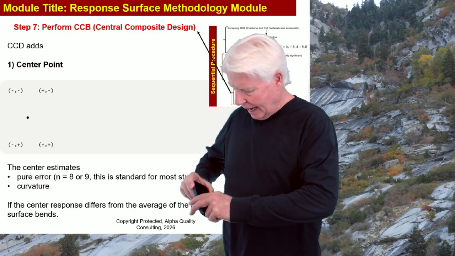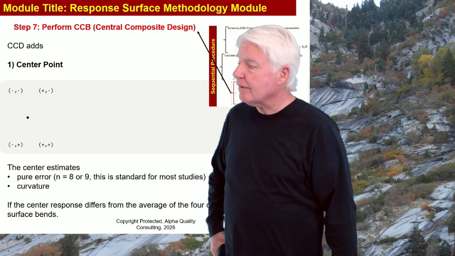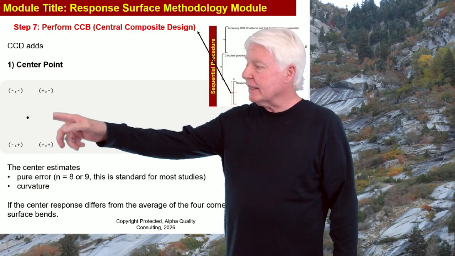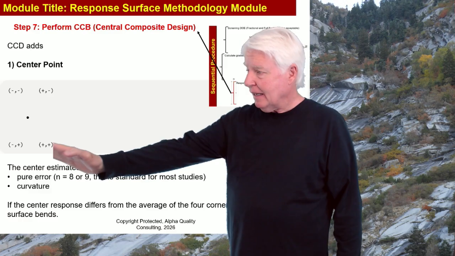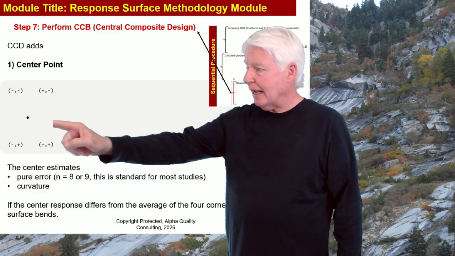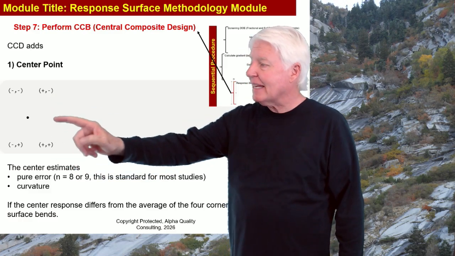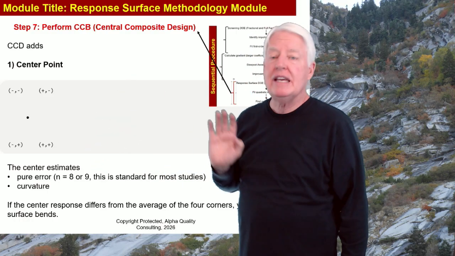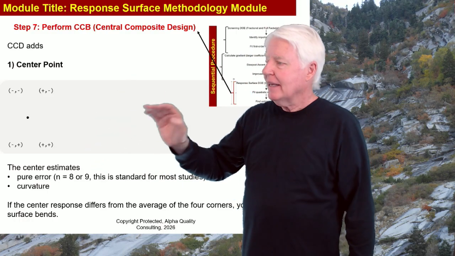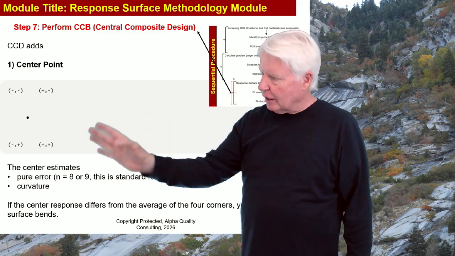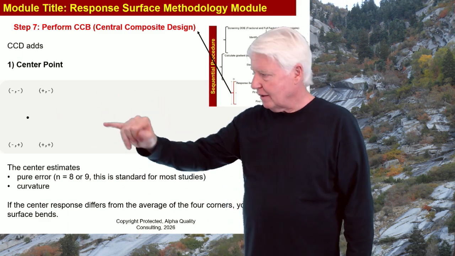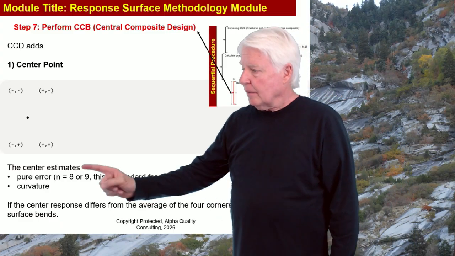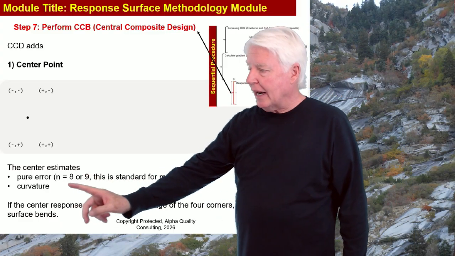If the center point does not fall on the plane, because you say if it's a plane, I can predict what that center point is, and it is not equal to that, there's error, if you will. It's deviating from the flat plane. Then it can use that dot to figure out what the curvature is. And if you put a few more dots in there, you can be even more confident. The center estimates pure error.